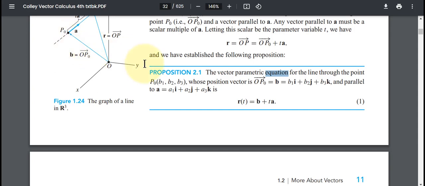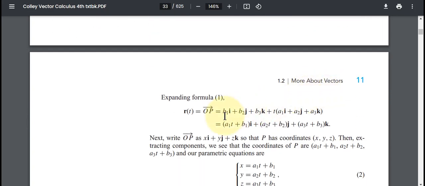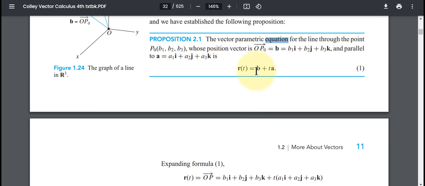But we said we can switch back and forth between thinking of them as coordinates and thinking of this as B1i plus B2j plus B3k. So let's write that. We have B1i plus B2j plus B3k for this part here.